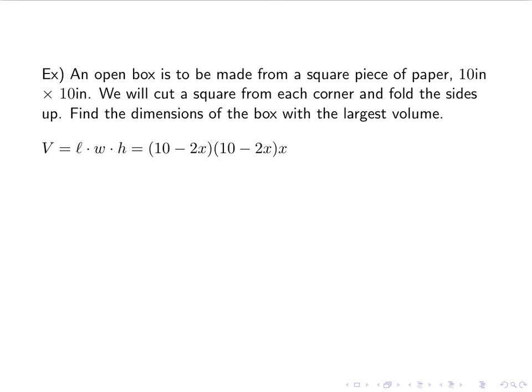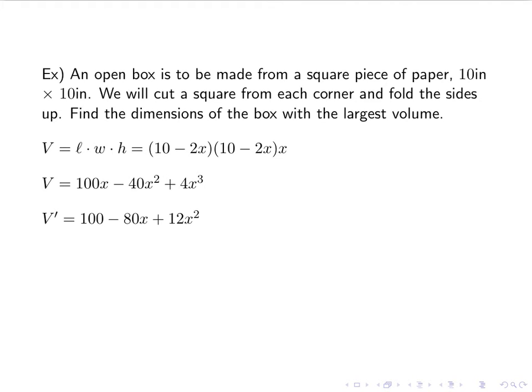Okay, then I'm going to multiply it out. So 100x minus 40x squared plus 4x cubed. And now this is the thing that I'm trying to maximize because I want the largest volume, which means I'm going to take the derivative, set it equal to 0, and solve.